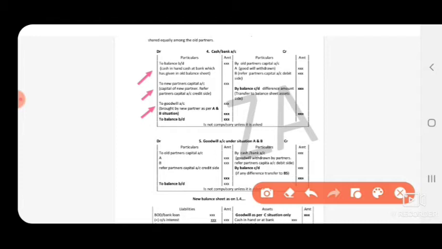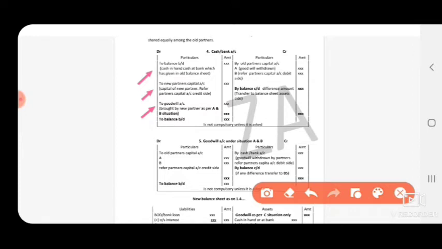So it is clear that on the debit side we have to record three entries. First, to balance brought down, it is cash in hand or cash at bank which is given in the old balance sheet. Next, to new partner's capital account, that is the new partner's capital. And next, to goodwill, situation A and B: if goodwill is brought in the form of cash, we have to record it on the debit side.